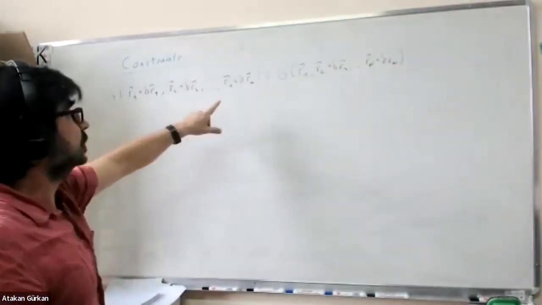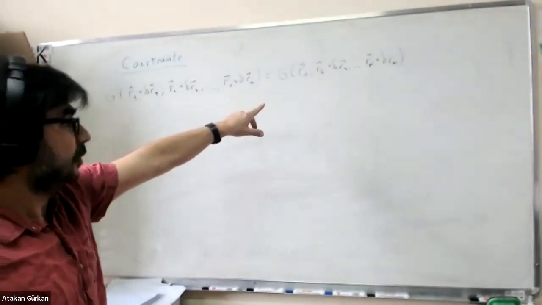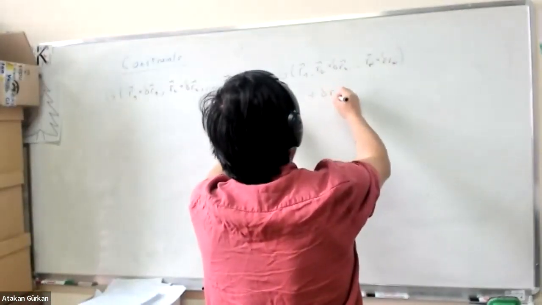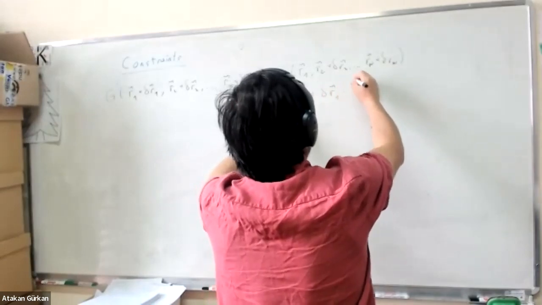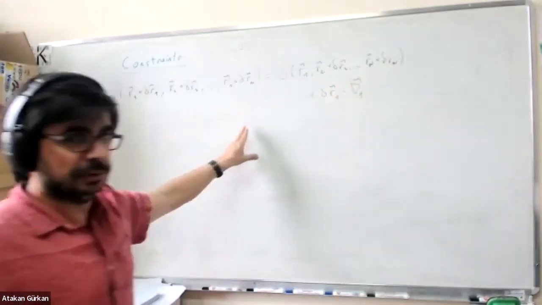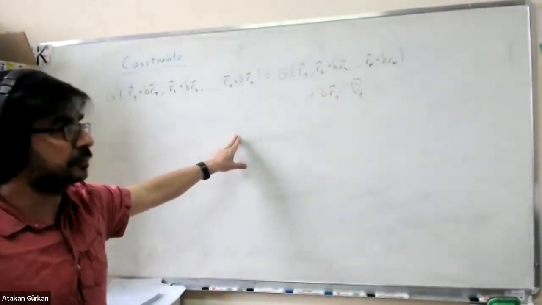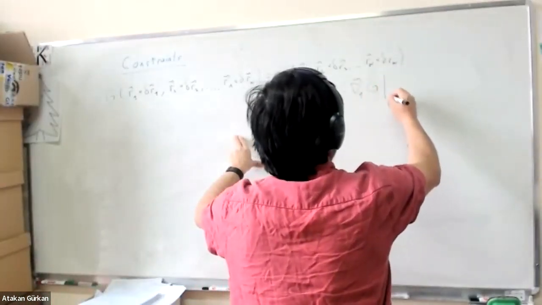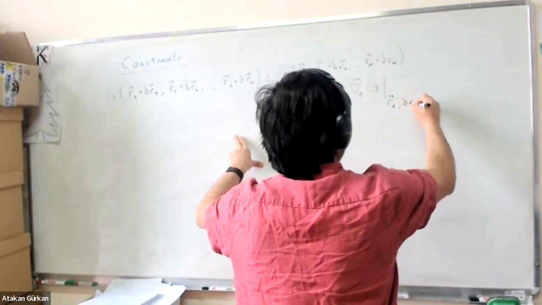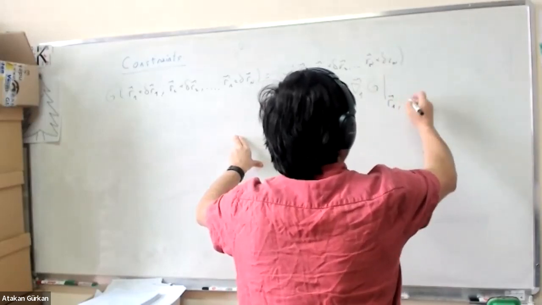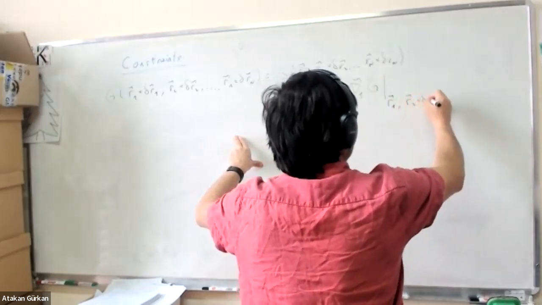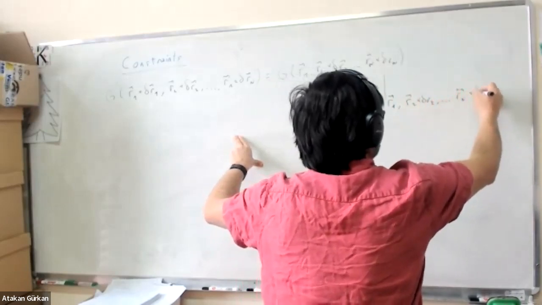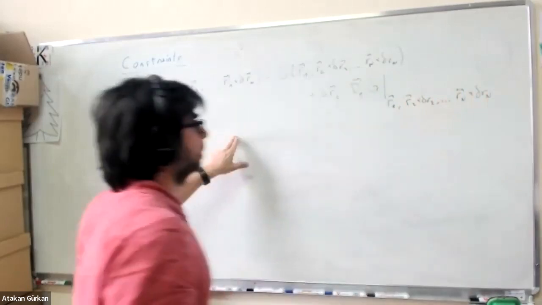So this is something we know, plus this delta R1 dotted into the gradient with respect to the first coordinate of this function, evaluated at R1, R2 plus delta R2, Rn plus delta Rn.